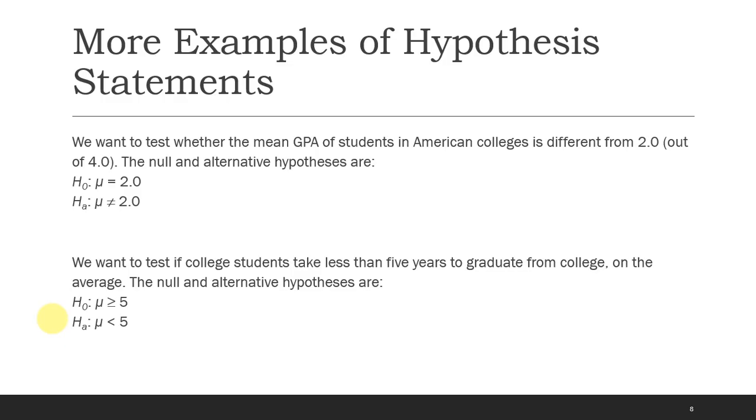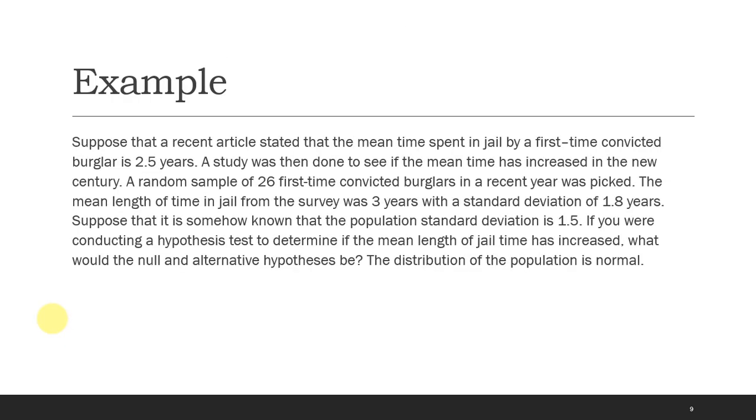Okay, so now let's look at a slightly more complicated example because usually these examples have a bunch of stuff going into them. So suppose that a recent article stated that the mean time spent in jail by a first-time convicted burglar is 2.5 years. A study was then done to see if the mean time has increased in the new century. A random sample of 26 first-time convicted burglars in the recent year was picked.